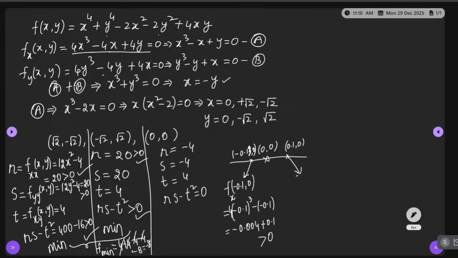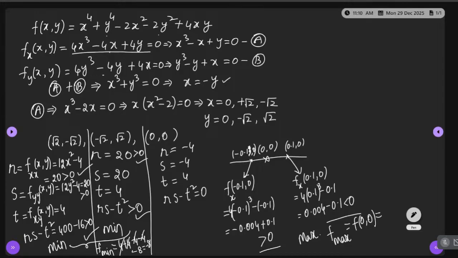At here, fx of 0.1 is 4 into 0.1 whole cube minus 0.1, 0.004 minus 0.1. It is negative. Changes from positive to negative, it attains maxima. So F maxima equals F of 0, 0.